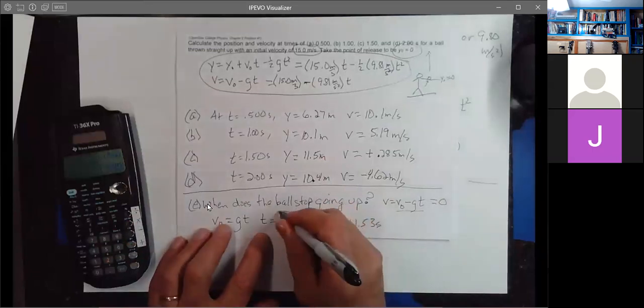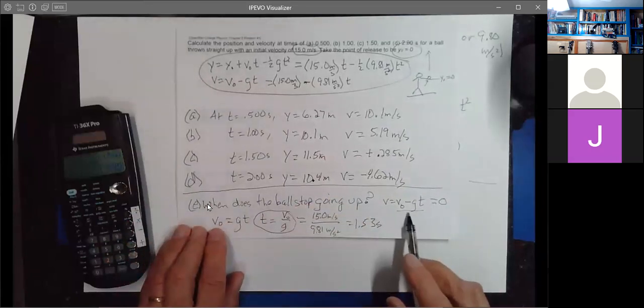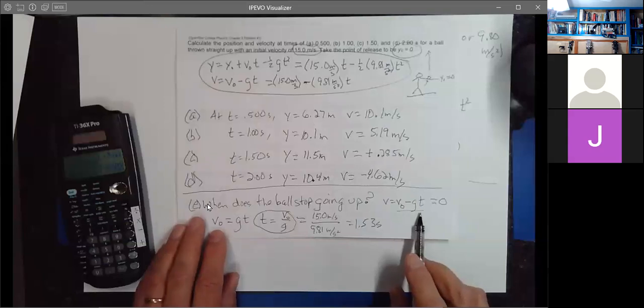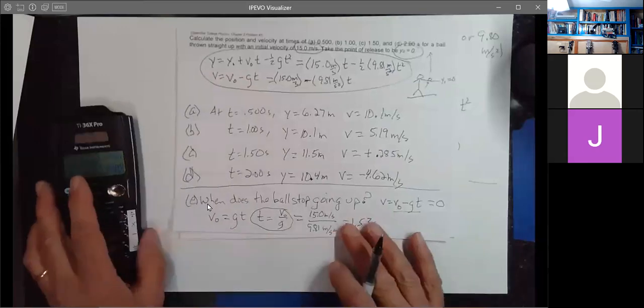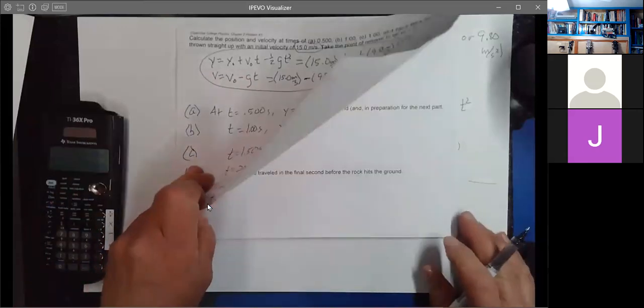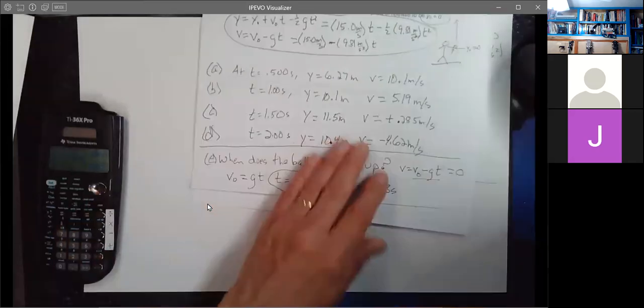But this is something that maybe we can remember doing to figure out how long it's going to be going up. You can just set that velocity in the y direction equal to 0 and do that. We could also use that to figure out the maximum height. And in fact, let's go ahead and do that.